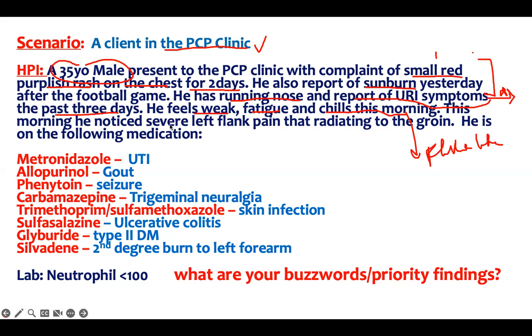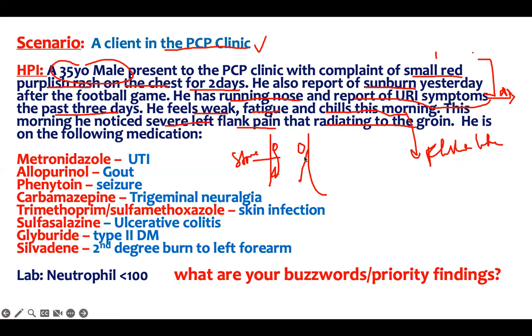This morning, you notice severe left flank pain that radiates to the groin. What usually is severe flank pain that goes into your groin? This is following the kidney pathway, so this may be a kidney stone. Your kidney is on your back. When you have a problem with your kidney, especially a stone, you start from the flank and go into your groin.